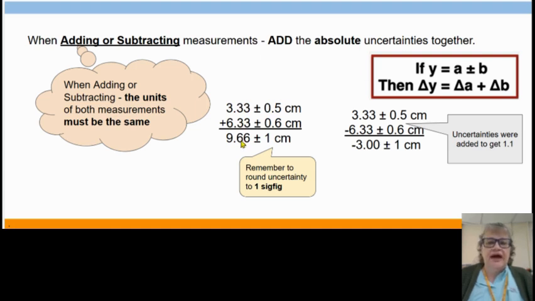So you add the values like you normally would, and then you add the uncertainties. Here you end up with 9.66 plus or minus, and then we had 0.5 and 0.6, so you add them together, you get 1.1. Remember, 1 sig fig, so it's just 1.